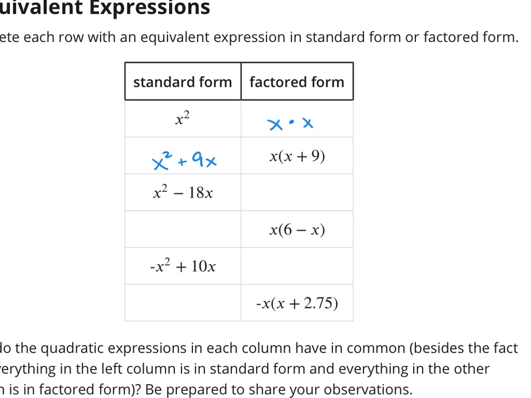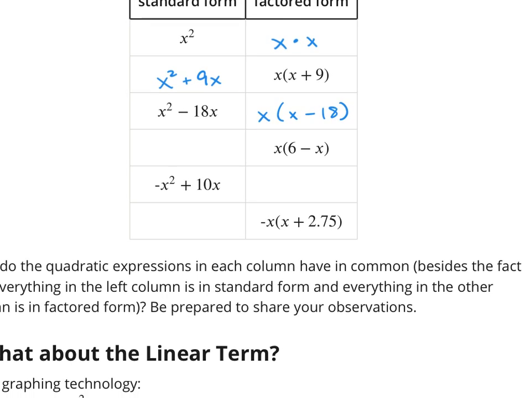For x squared minus 18x, the factored form would be x times x minus 18. For x times the difference of 6 and x, our standard form would be 6x minus x squared, or you could even write this as negative x squared plus 6x.